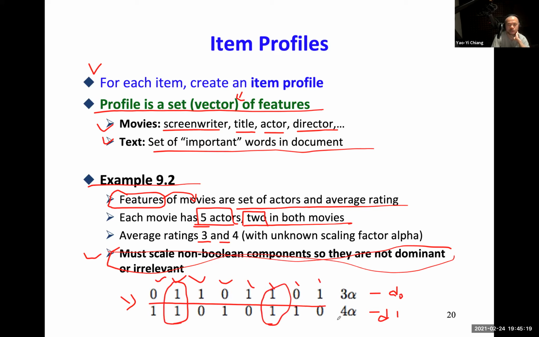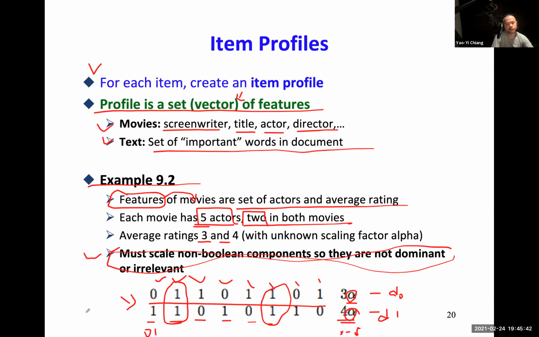And we have ratings. And look at the alpha here, it is just a scaling factor, because the scale for all these actor indicators are either 0 or 1, but here you can have 0 to 5, right? So you want to have a scale factor.